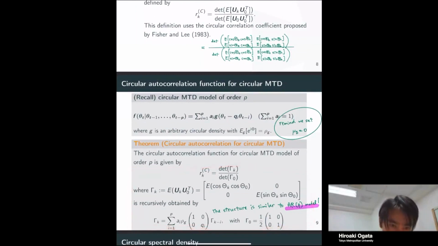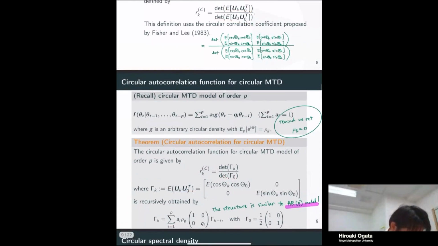So this is nothing but this one. So we just write this part as Γ_k.